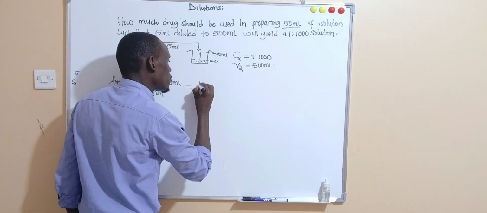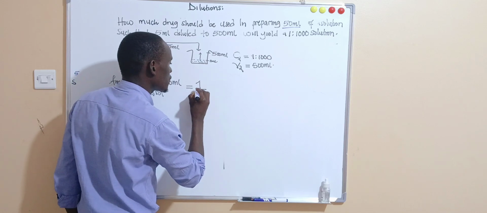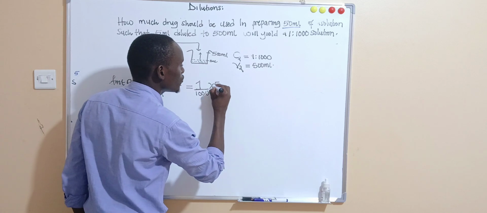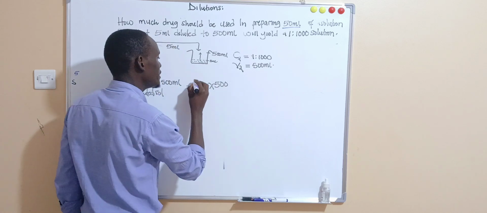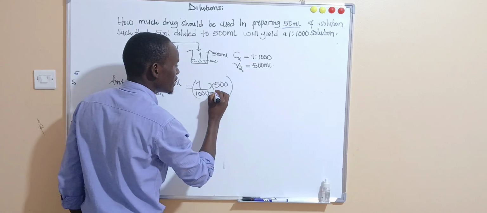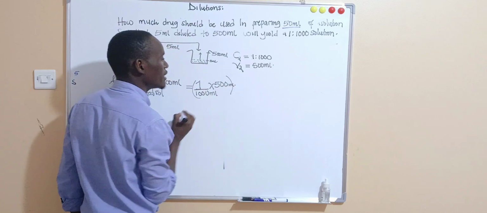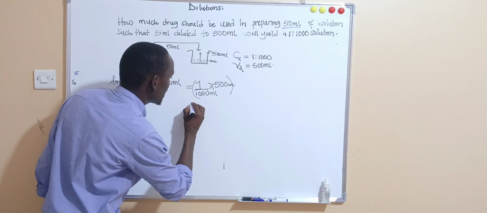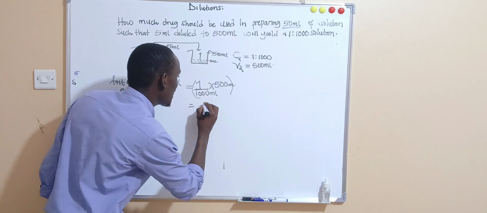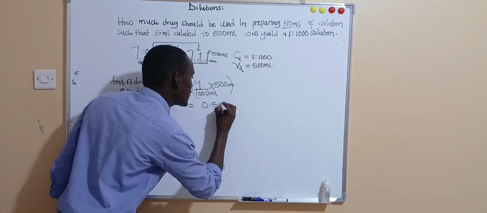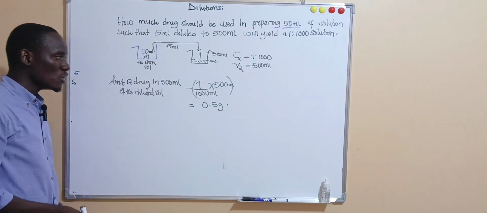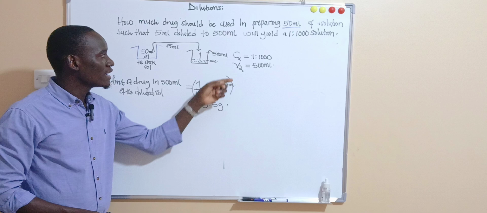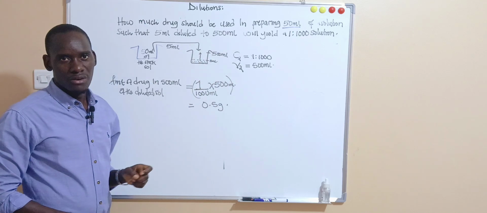So we have 1 out of 1000 times our volume, which is 500 ml. Remember, the mil and the mil will cancel, and we shall have our answer as 0.5 grams. So we have 0.5 grams of the drug in 500 ml of the solution.